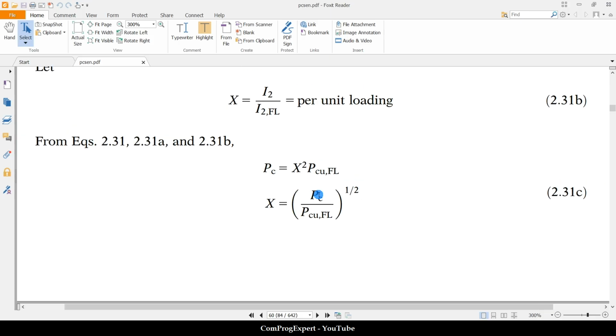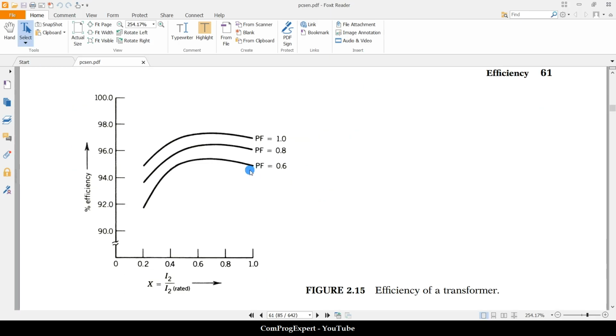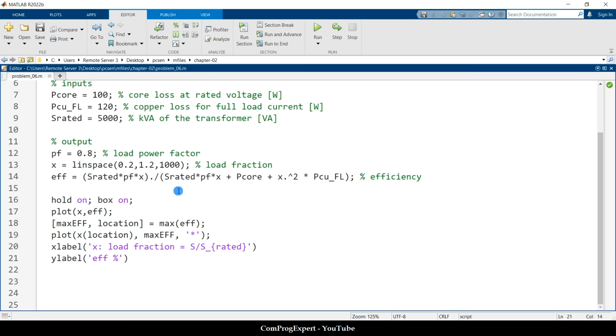Here in this graph, as you can see, when we change the value of the load power factor, the efficiency changes, but the load fraction at which we get the maximum efficiency is the same. So how can we generate this graph?